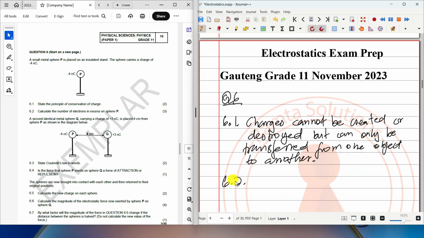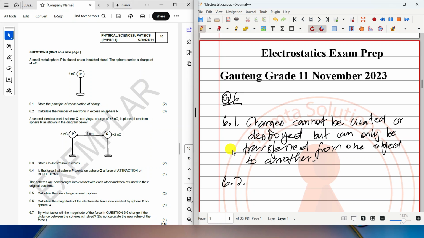6.2, calculate the number of electrons in excess on sphere P. Because sphere P is negatively charged, it has more negative charge, more electrons.